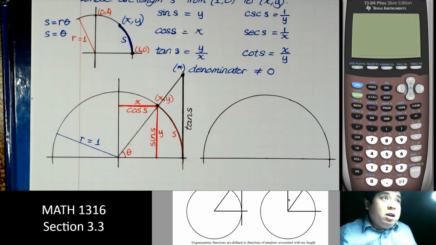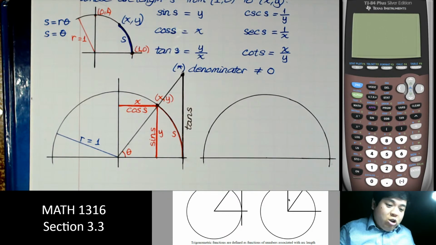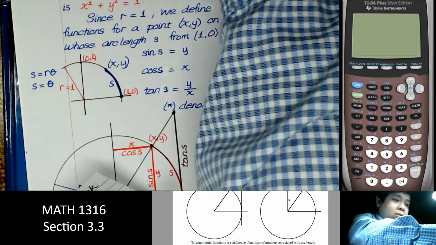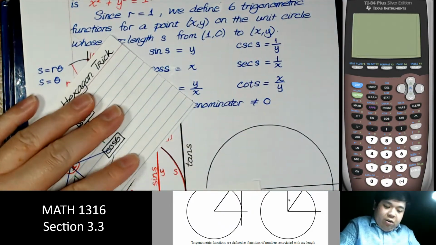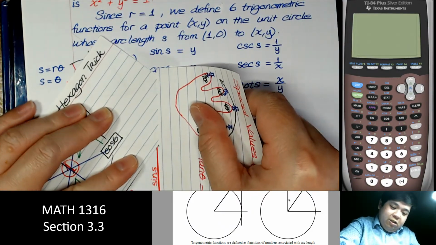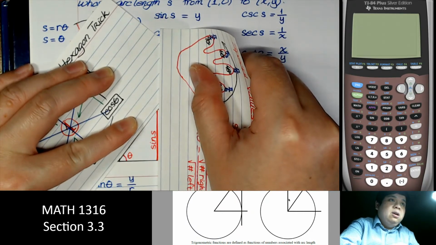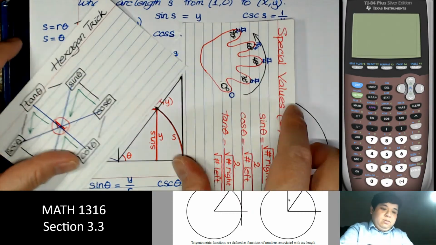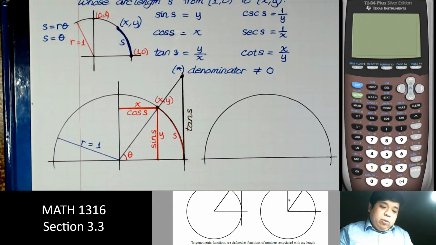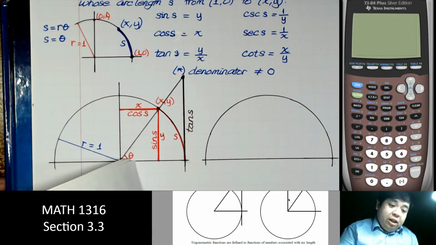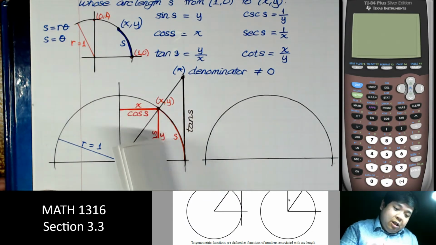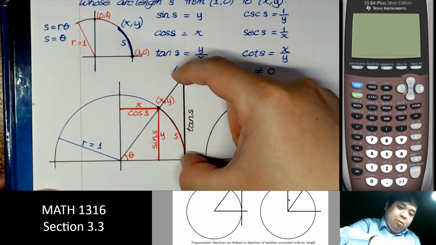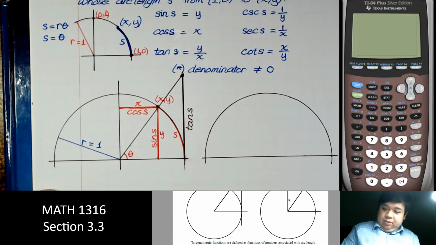Now, think about this. We have two right triangles. This is the first right triangle, and this is the bigger right triangle. So, two right triangles. Now, with respect to that angle theta here, we have opposite over adjacent.